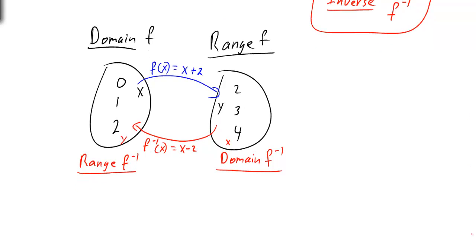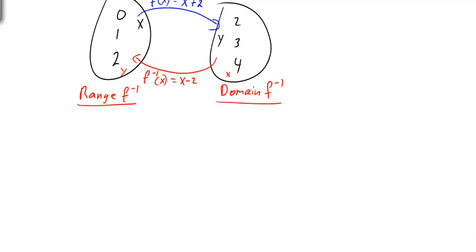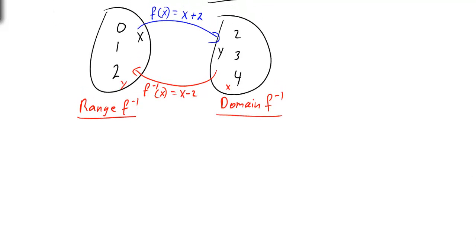So let's look at this example using a table of functions here. If we have our function, let's say x and f of x. So here's our x and y value for our original function x plus 2. If we plug in 0, 1, and 2, those are our x values.